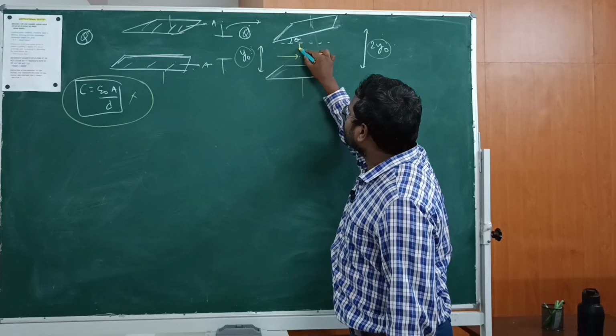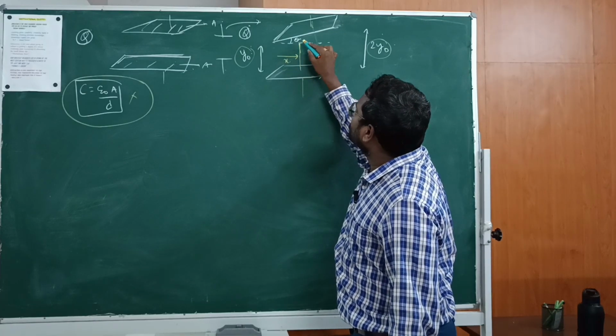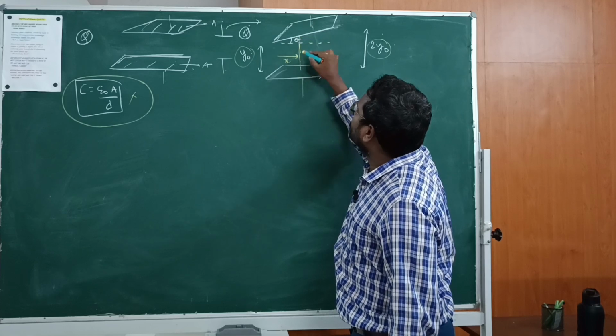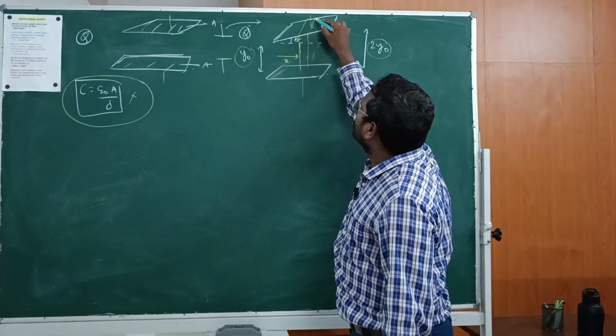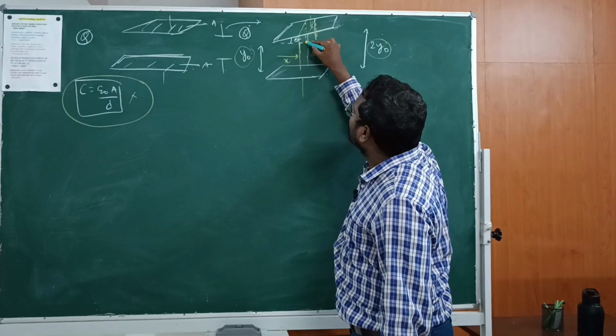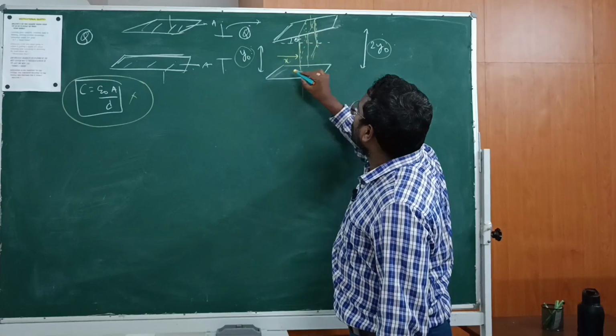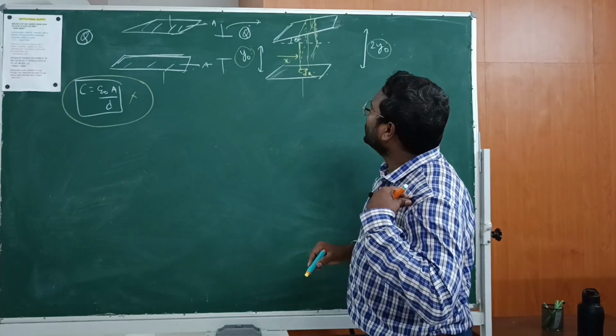So here we will take a distance x, and a small element of thickness, or length, dx.